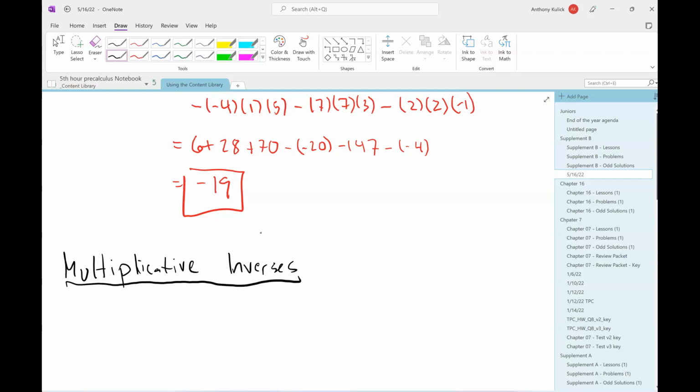So for example, 2 times 1/2 gives us 1. So 2 and 1/2 are inverses. Does that sound familiar? Maybe you didn't use the vocab, but like a number and its reciprocal. When you multiply them together, give you 1. Everybody's okay there?